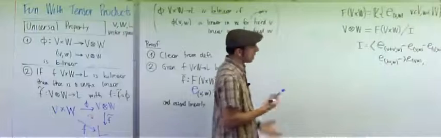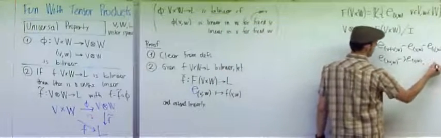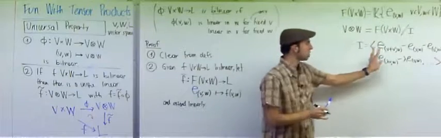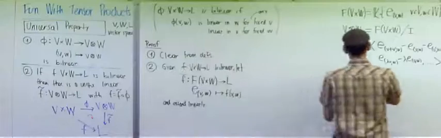Okay, and then I do the same thing for the other coordinate. Remember, I wrote this last time. You have the same property, but with v and w switched.